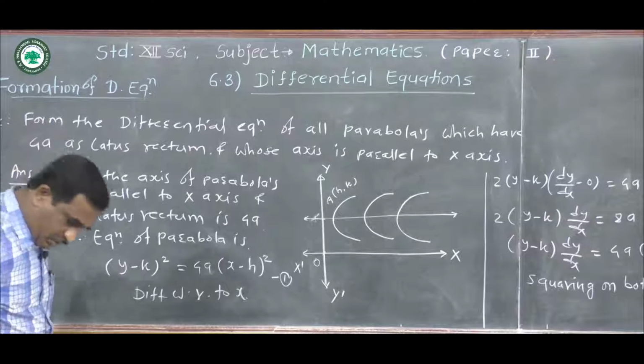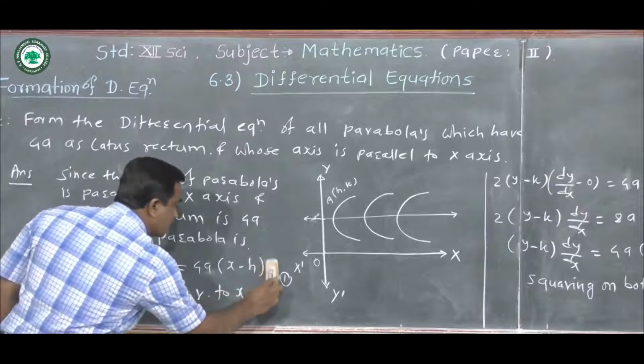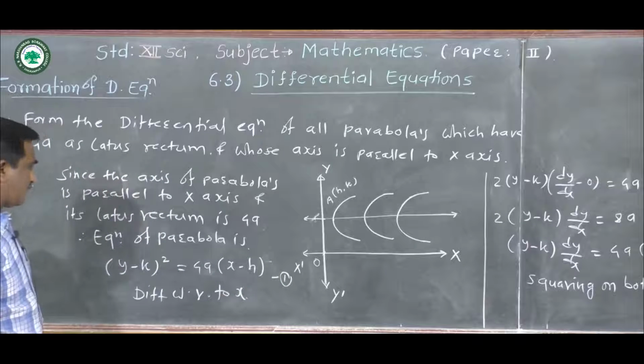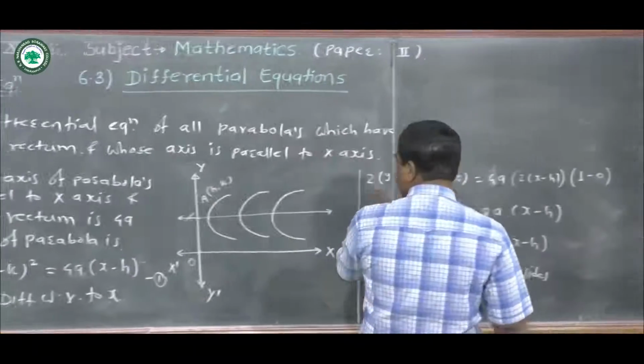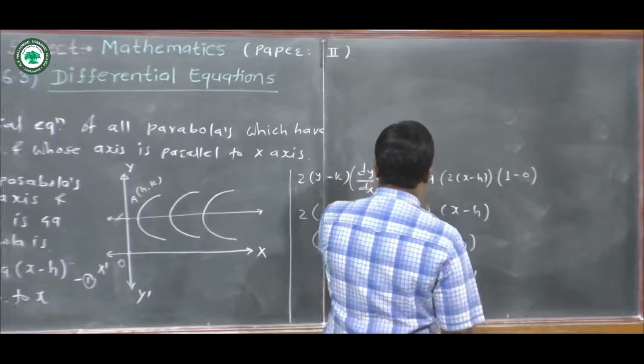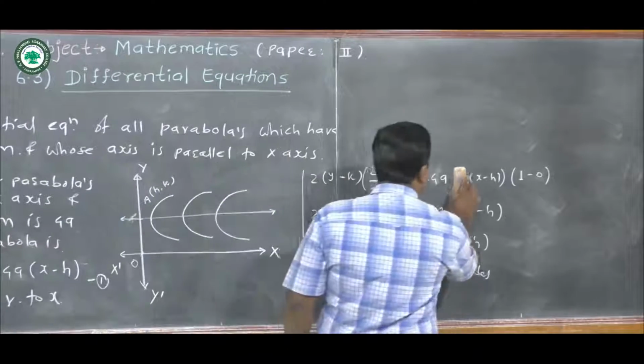So now the equation of the parabola is (y minus k) whole square is equal to 4a into (x minus h). Therefore, the derivative of this equation is 4a into derivative of (x minus h).